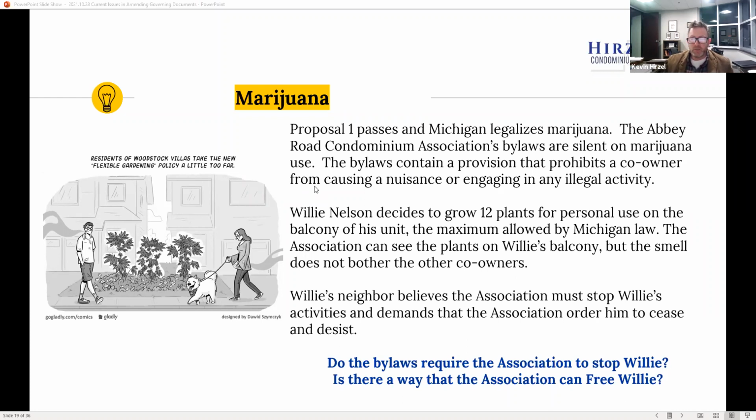In this setting, marijuana growing and marijuana usage. Do the bylaws require the association to stop Willie? And then is there a way that the association can free Willie? This is a big issue at the moment, and the main reason is because of that conflict between state law and federal law.